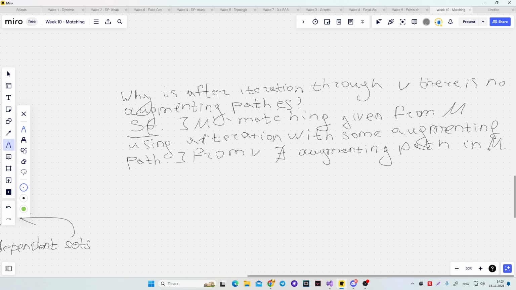That means from where there is no augmenting path.